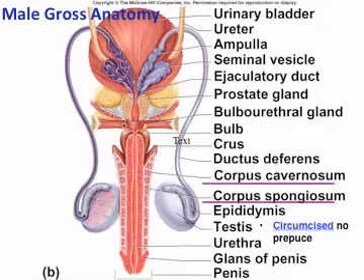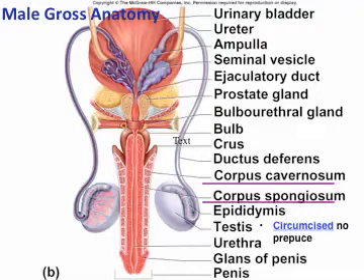You can see that in the cartoon where it says ejaculatory duct, and the ejaculatory duct would meet with the urethra, the prostatic urethra, and now you've got a common passageway for both urine and ejaculate. And then the ejaculate, of course, travels through the prostatic urethra, the membranous urethra, the penile urethra, and then out through the tip of the penis.